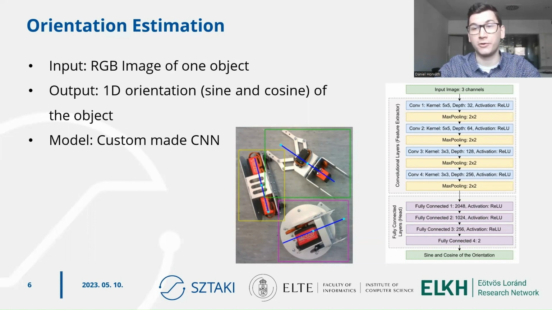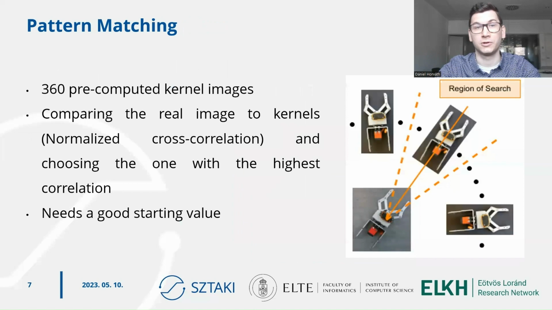At the end, we get a 2048-long vector as the feature vector of the image. Then in the head, we use four fully connected layers to extract the information from the feature vector, to have two numbers at the end, which are the sine and the cosine of the orientation.